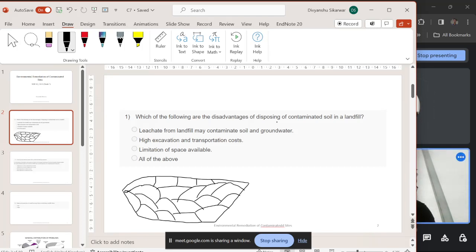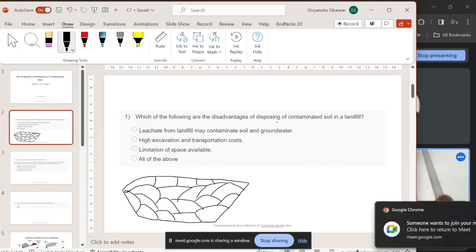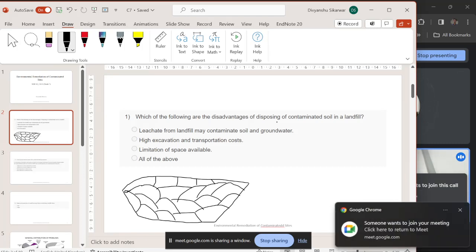PRB actually won't treat the soil, it treats the water, but as the concentration reduces in the water, it will try to make an equilibrium again, with the contaminant coming into the water, based on the nature of the contaminant.